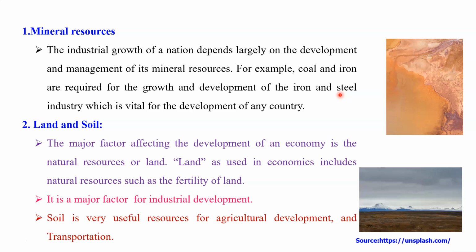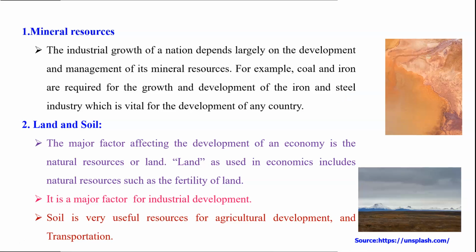Because land and soil are both very important factors in economic development. And economic development totally depends on the industrial development of that region, and then the agriculture development of the region. If industrial development happens there and agriculture development is there, then definitely both can lead and help the economic development of the country. So therefore, this is very important.